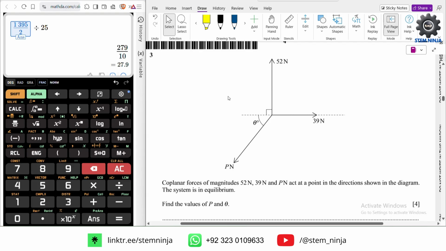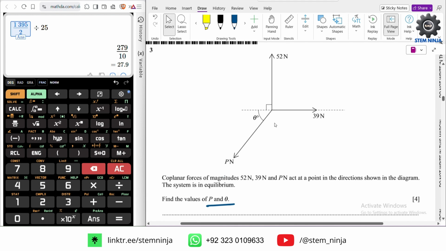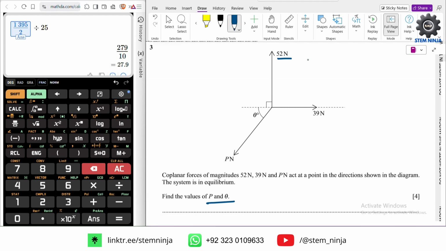Coplanar forces of magnitudes 52 newtons, 39 newtons, and p newtons act at a point in directions shown in the diagram. The system is in equilibrium. Find the values of p and q. So if the system is in equilibrium, that means the sum of forces parallel to 52 newtons, let's call it y-axis, parallel to y are equal, and the sum of forces parallel to x, or 39 newtons, are equal.